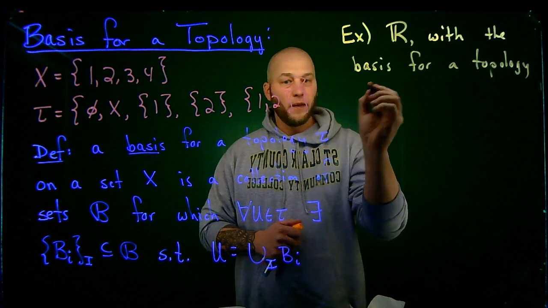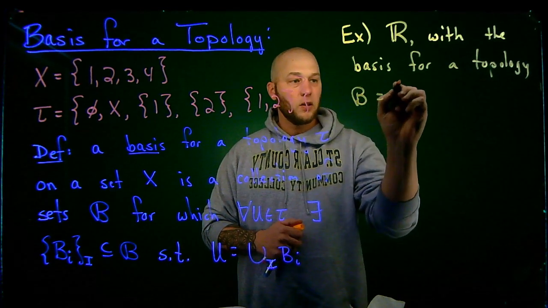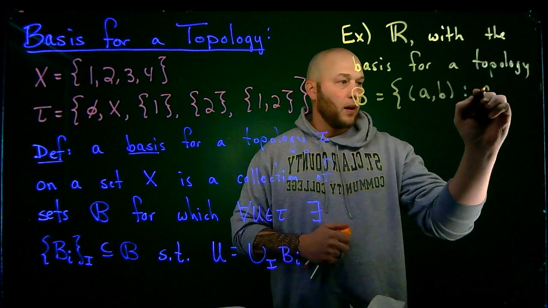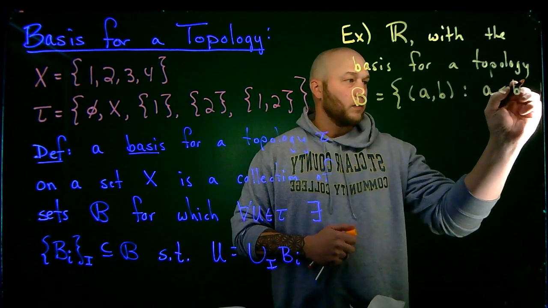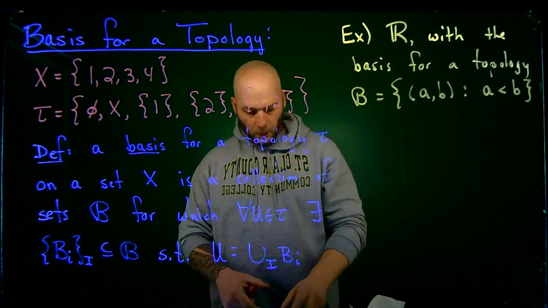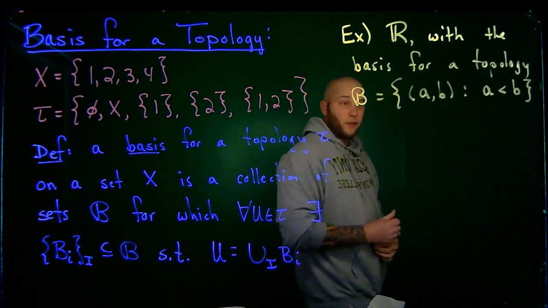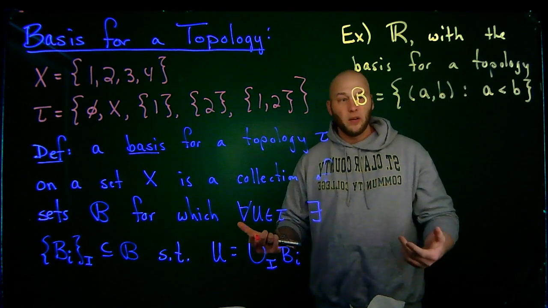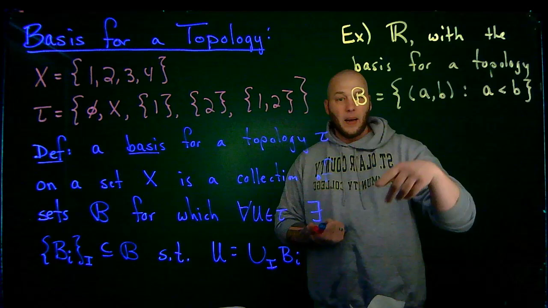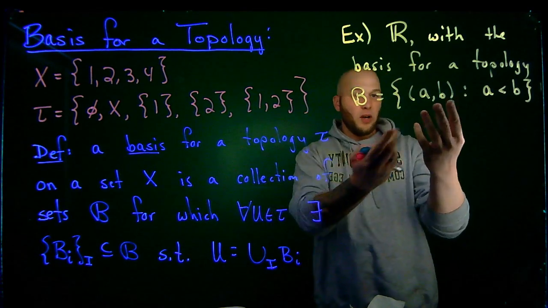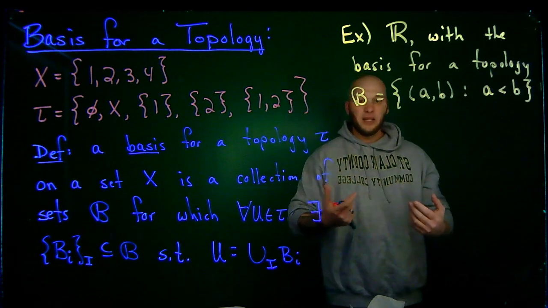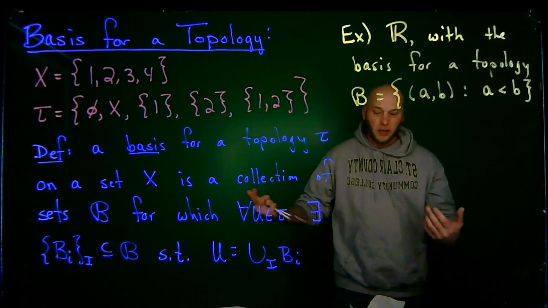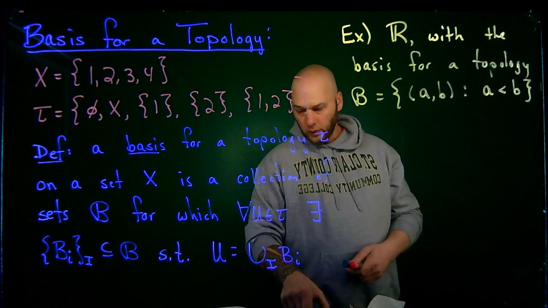I'm going to take the collection B to be the set of open intervals (a, b), where, again, a is strictly less than b. And this right here forms a basis for the usual topology, because in the usual topology, open intervals are open, and therefore unions of those are open. So this takes all the possible open intervals, individually open, and then unions of those create everything in the usual topology.